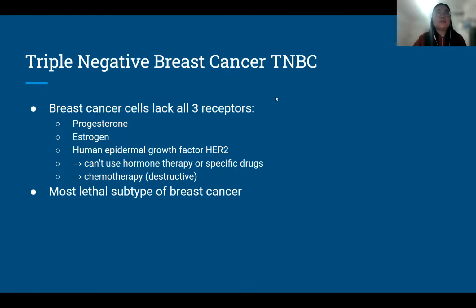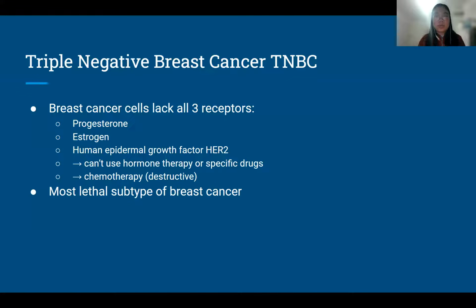The cell line used in this study is from triple negative breast cancer, and it's actually the most lethal subtype of breast cancer. The reason is that it lacks all three receptors typically found on breast cancer cells: progesterone, estrogen, and the human epidermal growth factor.